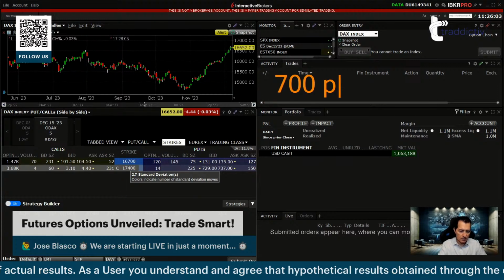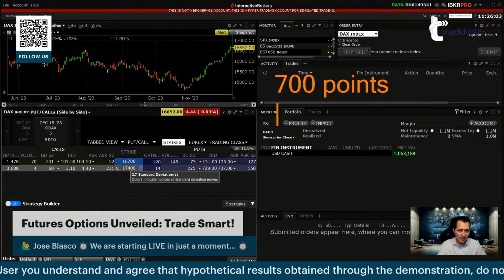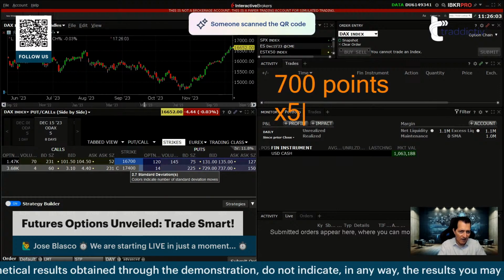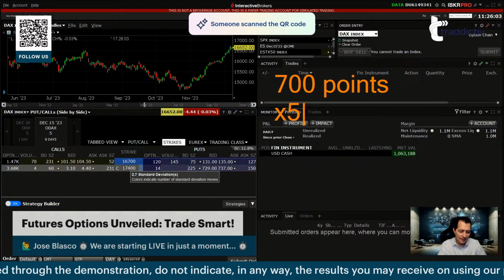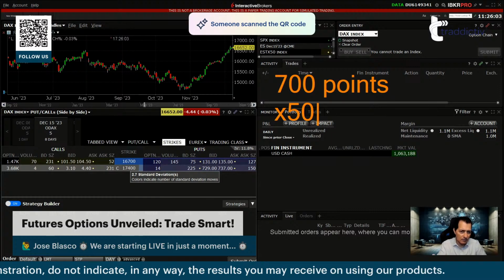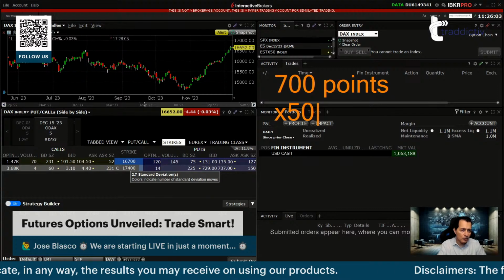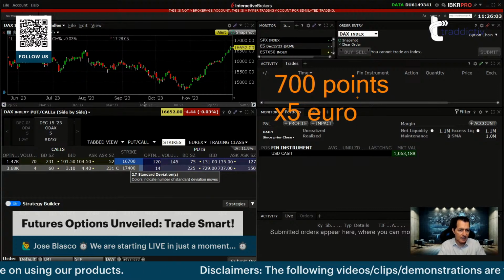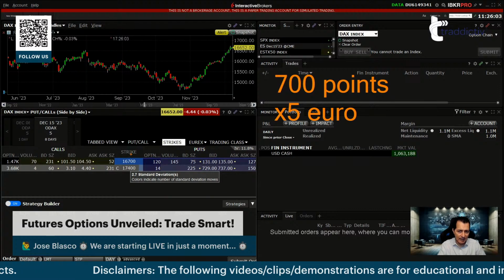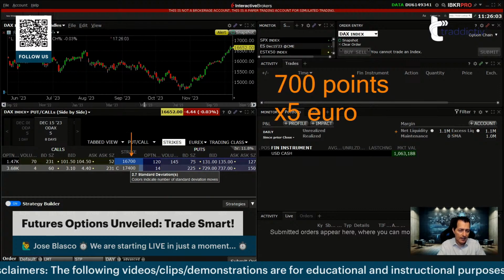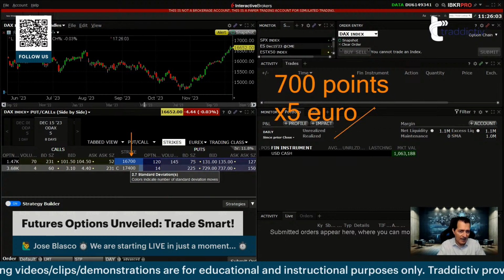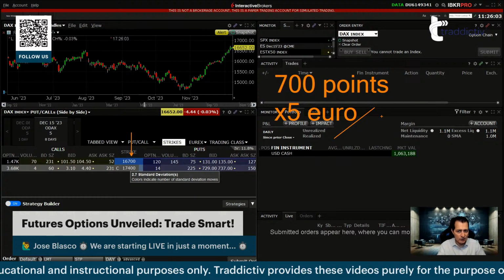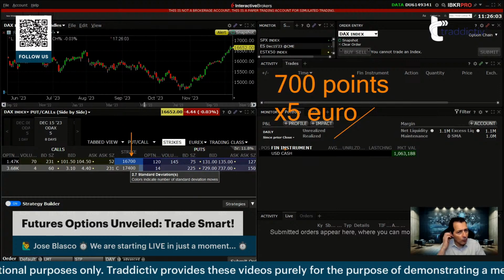So you don't need to multiply times 50 or some strange value. You just need to multiply, in this case, times 5. €5. The DAX, because it's so much more volatile and the price point is so much higher, the point value per contract is 5, versus the FESX, which is a lesser price point, where the point value is 10.